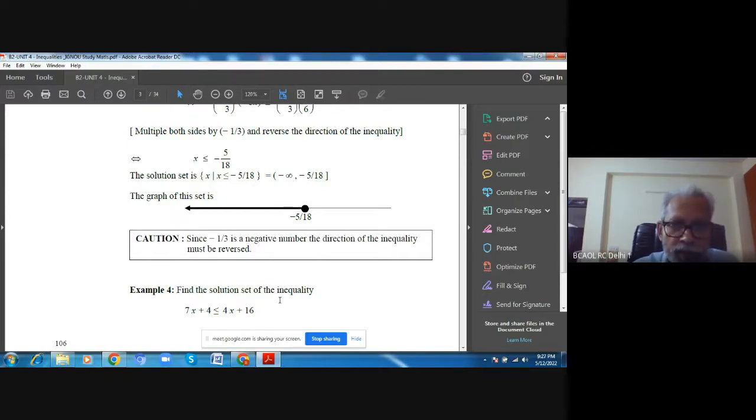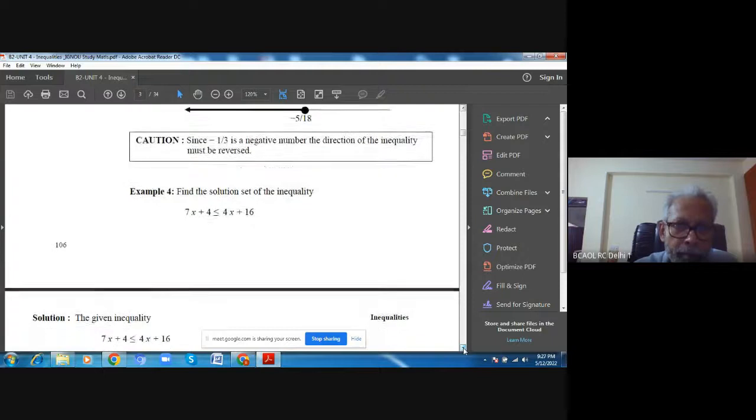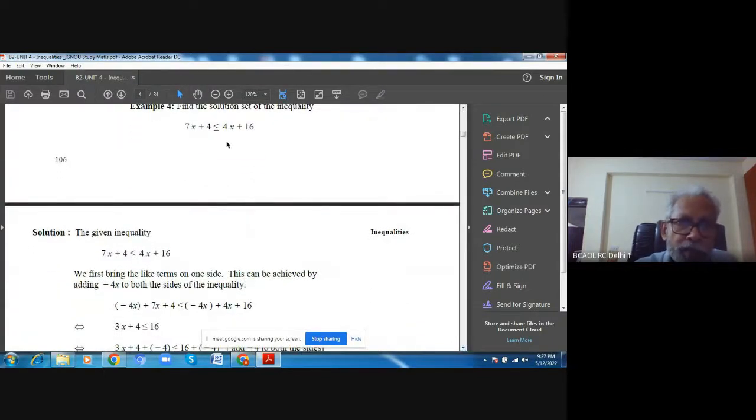Now find the solution set of the inequality. Another example, let's see. This side, left hand side. Okay, let's see. Again, it is a minus or plus. And here you just have to add something so that the terms cancel each other and you get the x value.